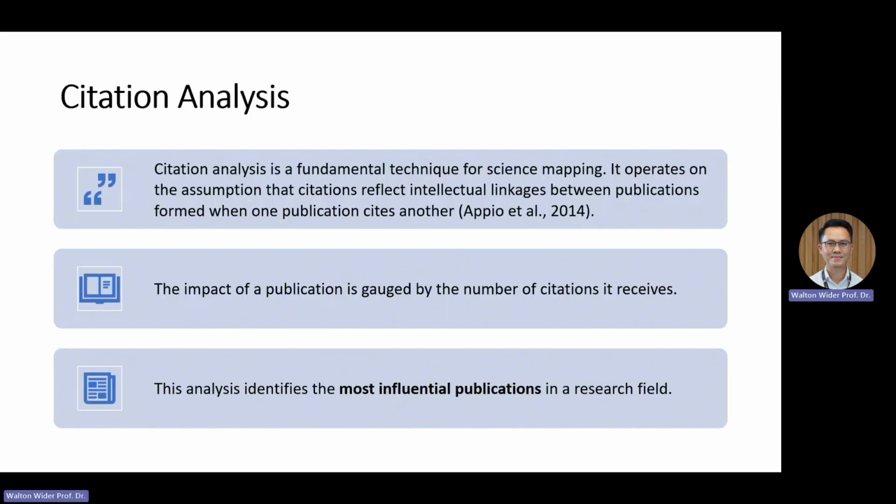So the first one, citation analysis, is the core component of science mapping. This technique is built on the fundamental premise of citations between publications. When one publication cites another, it's not just a reference, it's an acknowledgement of the influence and relevance of the cited work. All right.